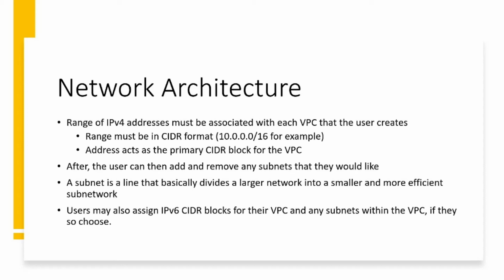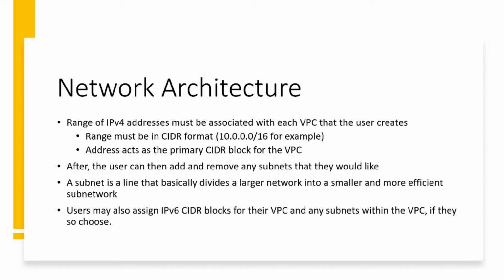A subnet is a line that basically divides a larger network into a smaller and more efficient subnetwork. And if you do choose to add and remove subnets, you actually override the default one that Amazon gives you. They still give you one, but then you override it because you make your own network map.